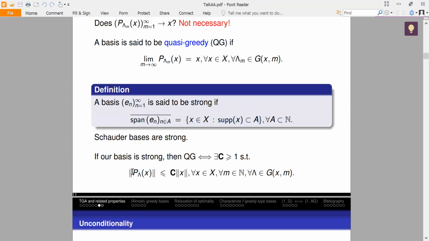What this property says is that for every x, if you give me a greedy set lambda and I project onto the set lambda, the new vector is always bounded by the original vector up to a universal constant c.